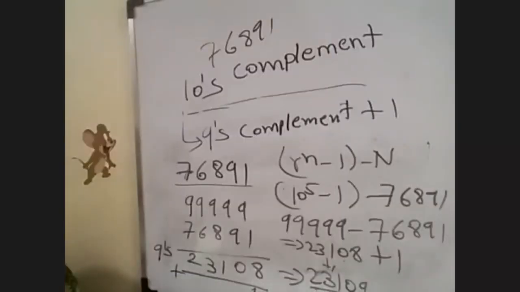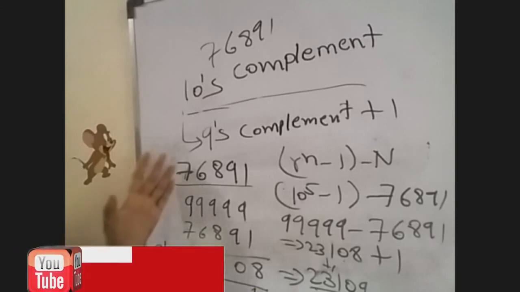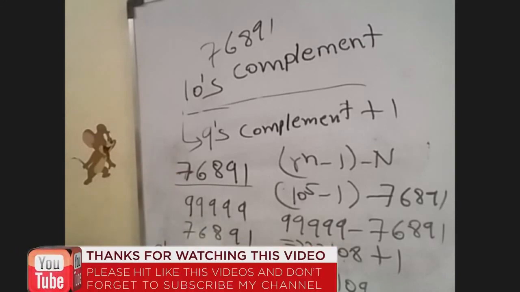Compared to the formula, this is very easy. Yes, ma'am. So like this, some shortcuts are there, useful for your competitive examinations. So now you are aware of how you can find the tens complement. Yes, ma'am.